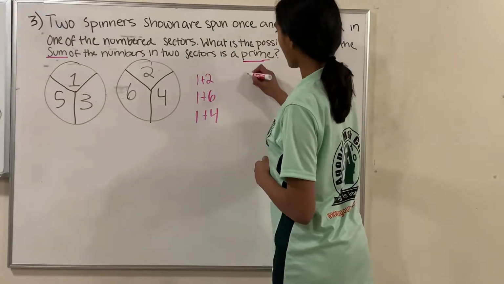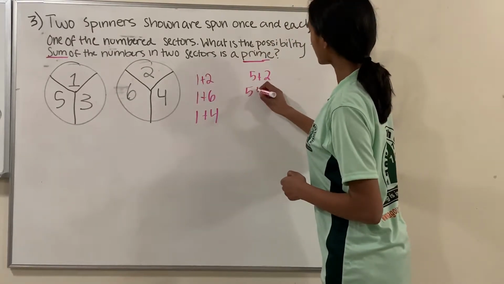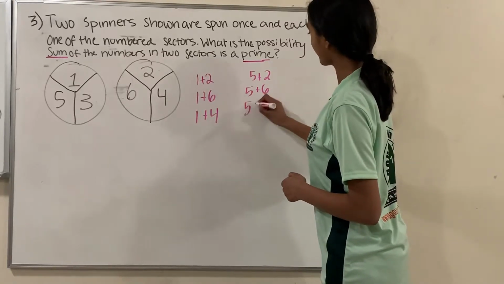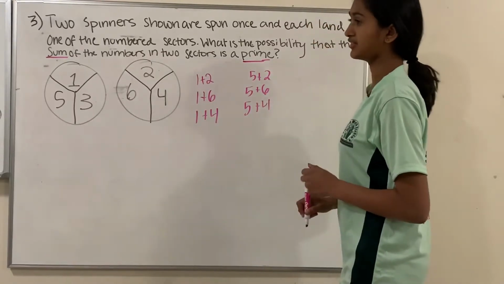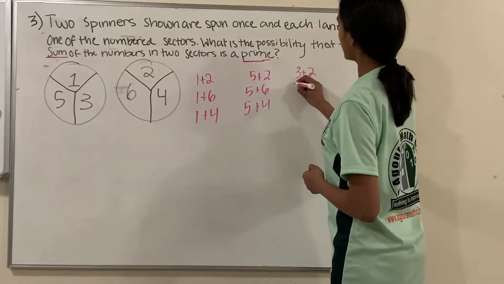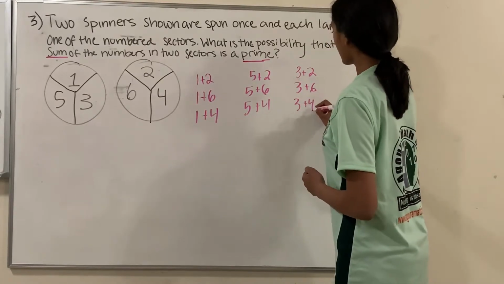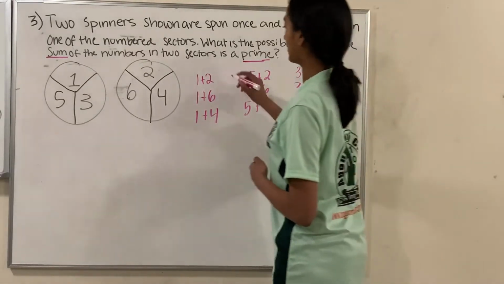Then we're going to do 5 plus 2, 5 plus 6, and 5 plus 4. Then we have to do it for the last set, which is 3 plus 2, 3 plus 6, 3 plus 4. Now you want to go ahead and add them all up.